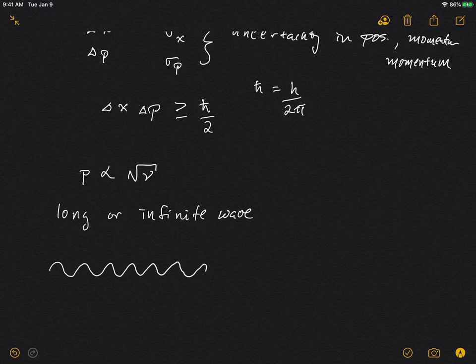My drawing here is a little bit uneven, but let's just assume that the wavelength is the same all the way down this wave, or I can try drawing it a little bit better here.